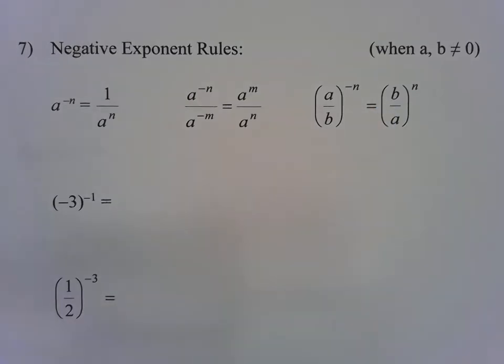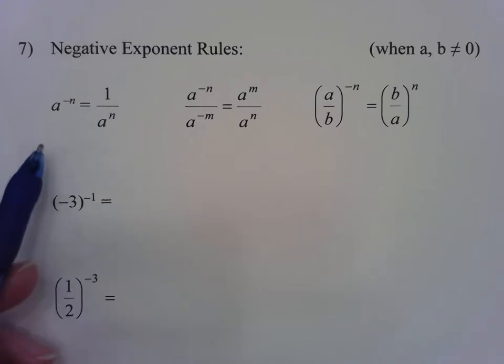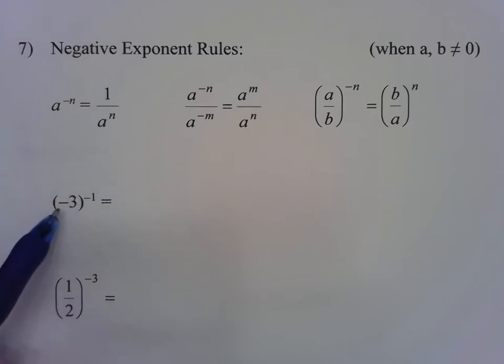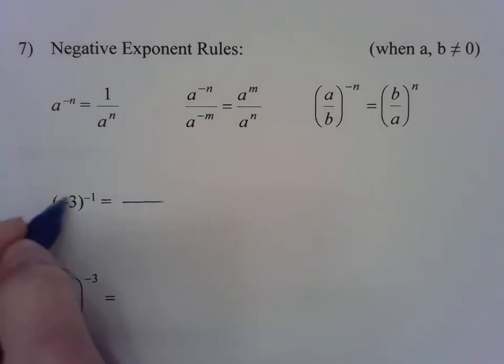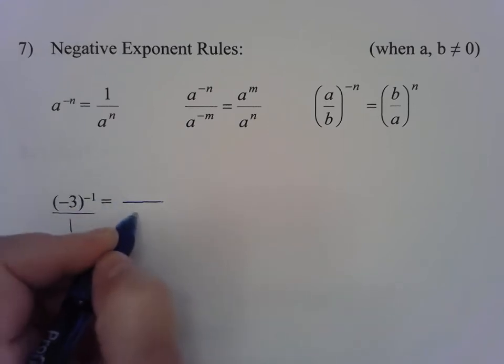So let's just try that out. If I have -3 raised to the -1 power, this is a lot like this first one. The fact that this 3 is negative has nothing to do with the negative exponent. They're not related at all. So this whole thing, if you want to think of it in the top right now, is going to move down into the bottom.